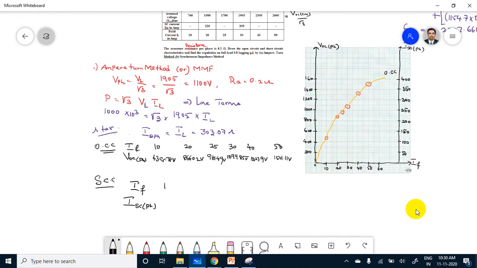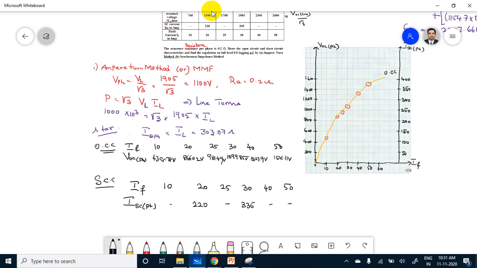So IF will be 10, 20, 25, 30, 40, 50. Short circuit current for 10 has no value, for 20 it is 220 ampere, for 25 nothing, for 30 it is 335, for 40 nil, for 50 nil.